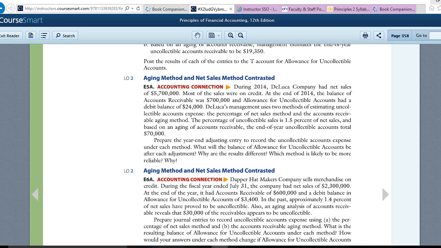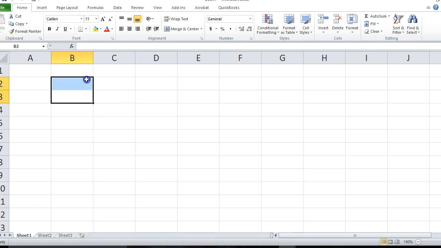During 2014, DeLuca Company had net sales of $5,700,000. Most of the sales were on credit. At the end of 2014, the balance of accounts receivable was $700,000, and the allowance for uncollectible accounts had a debit balance of $24,000. So I'm going to create some T accounts.